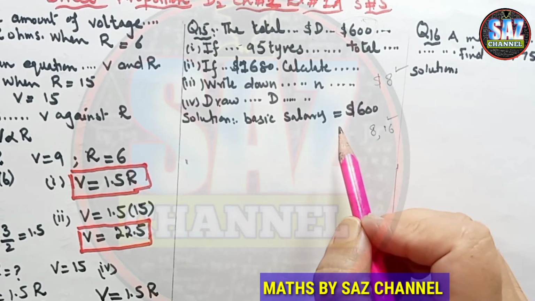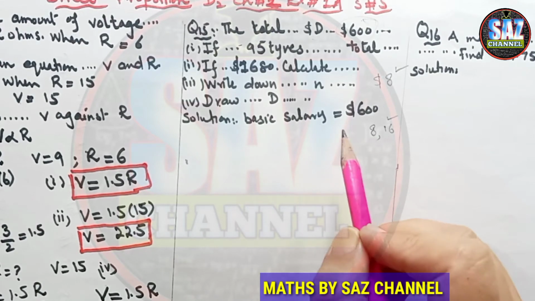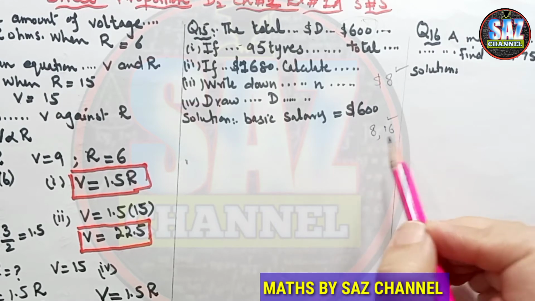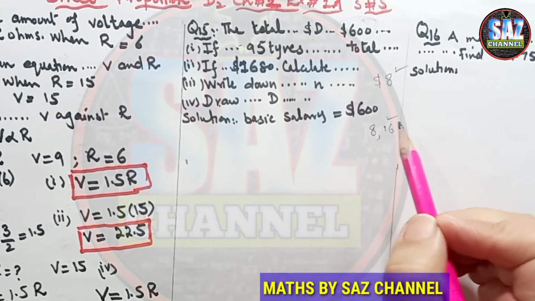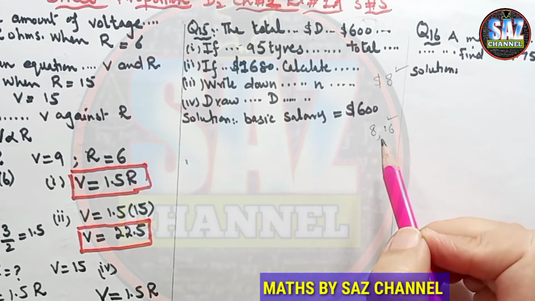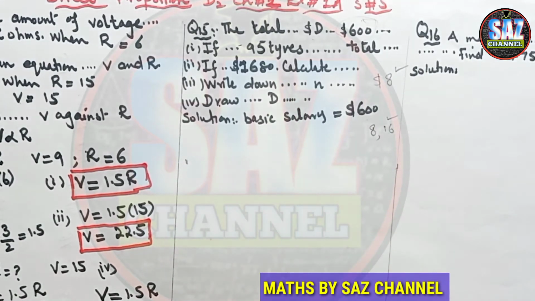For the first part, if the salesman sells 95 tires in the particular month, the total income he will be getting is this 600 plus the total amount he gets for the sale of 95 tires.